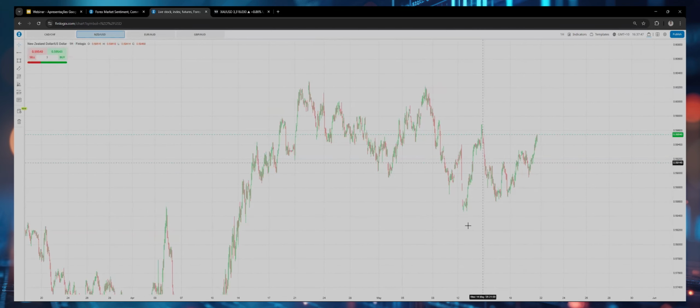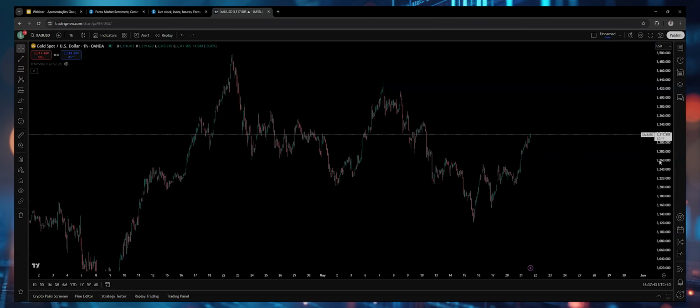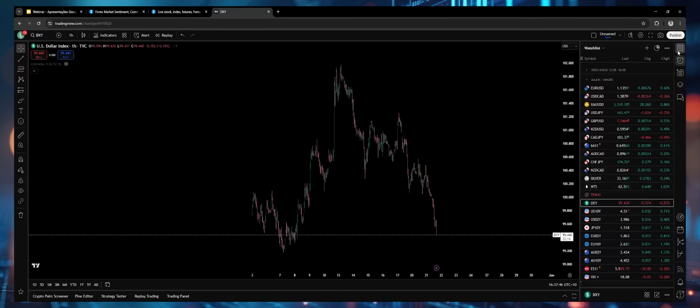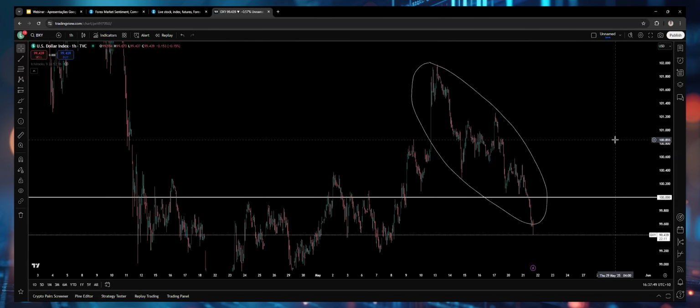But as we have a very, very weak US dollar, as we just saw, I've mentioned it a lot of times, because when we have such things happening to the market, it makes very clear sense for me to basically wait and see what's going to happen. Okay, we had this whole move up on US dollar, and then I was probably the only one saying, look, it's going to collapse, it's going to collapse, it's going to collapse.